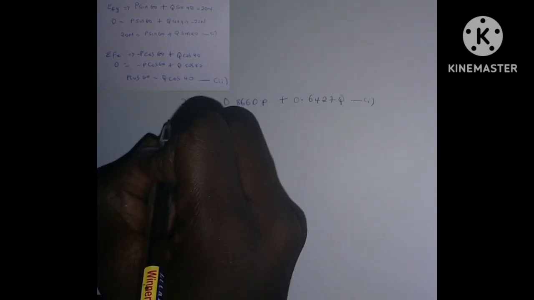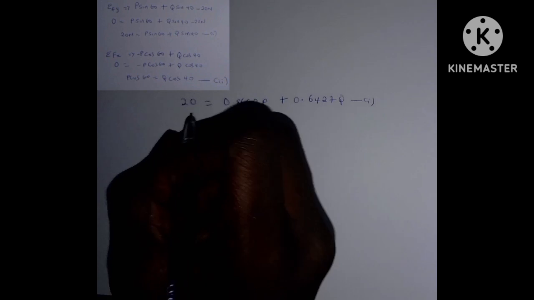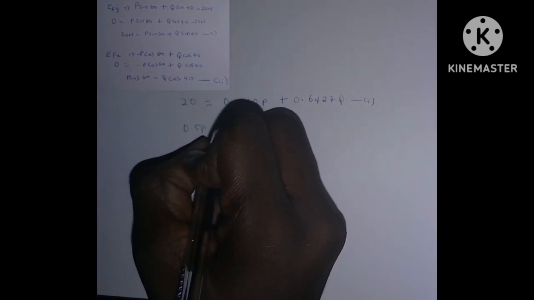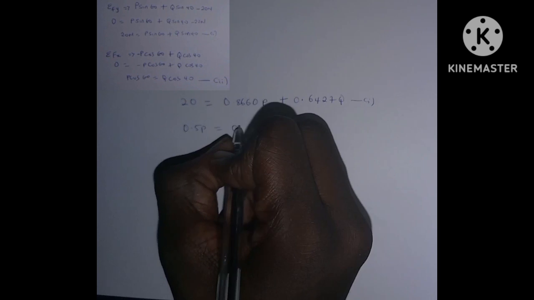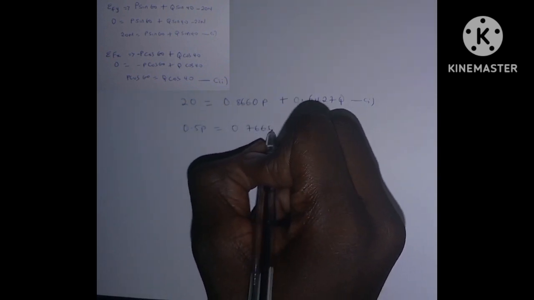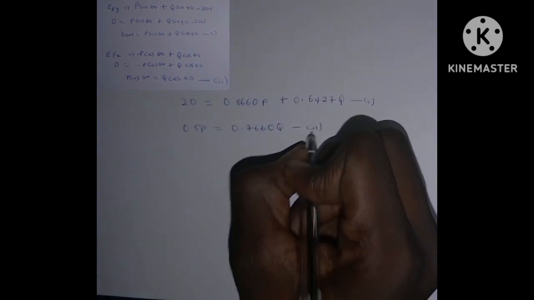So our equation 2 becomes, what's cos 60? This is 0.5 P equals, what's cos 40? This is 0.7660 Q. This is equation 2.